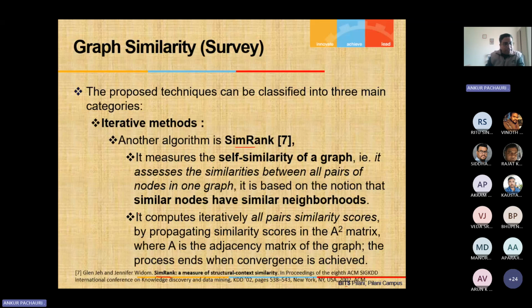So how does it do this? It computes iteratively all-pair similarity scores by propagating the similarity. A square matrix means distance of hop 2, where A and B are the matrices of graph 1 and graph 2, and the process ends when convergence is achieved.